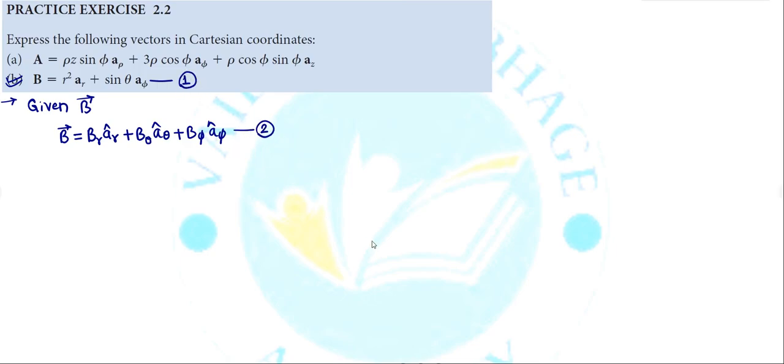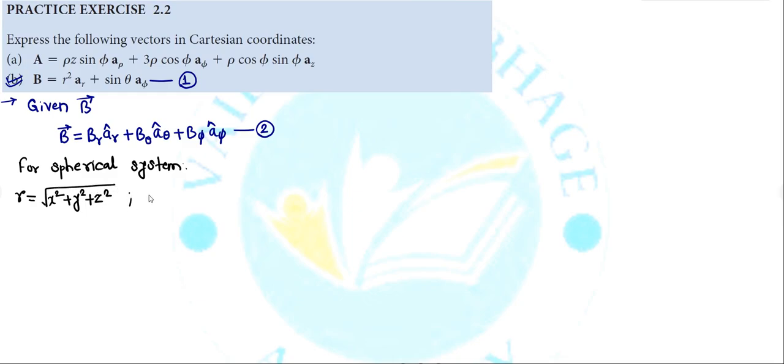Now, what are the necessary expressions we are going to make use of? For the spherical system, we have the values of r, theta and phi. r is the square root of x square plus y square plus z square.